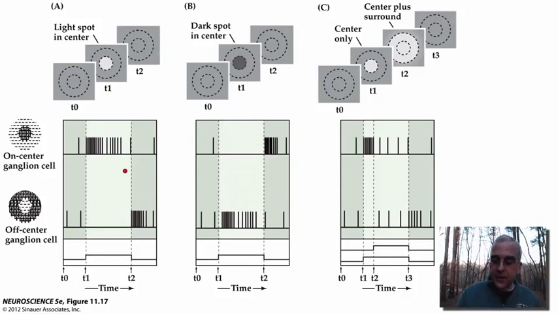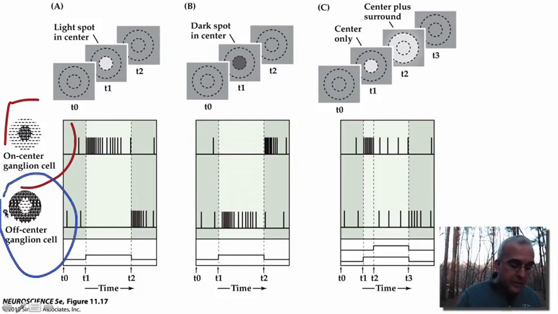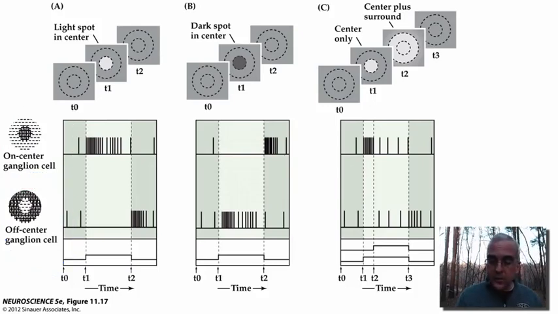Well, putting these things together, we can recognize that there are these two kinds of ganglion cells that have different center-surround configurations. There's the on-center ganglion cell that responds best when light strikes the center of its receptive field, and then there is the off-center ganglion cell that responds best when light strikes the surround. So let's see how these two cells would respond when we illuminate the center of their receptive fields.